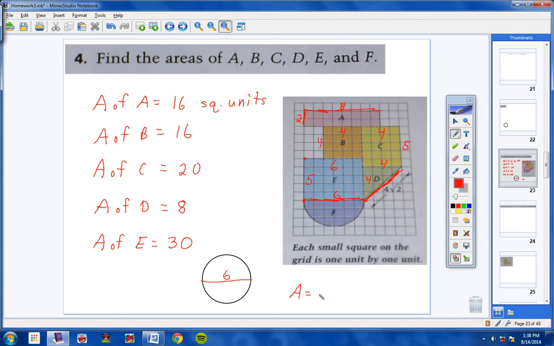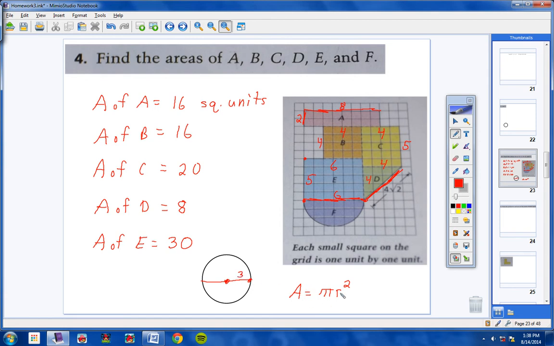In order to find the area of a circle, we use pi r squared. Now, if my entire diameter is 6, then my radius, of course, is going to be 3. So I'm going to pull the 6 out of here. And the radius from here to here would be 3.